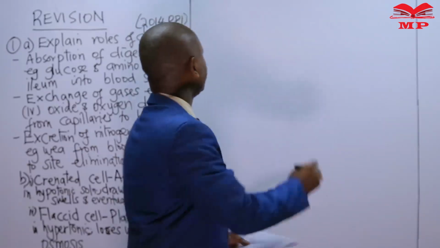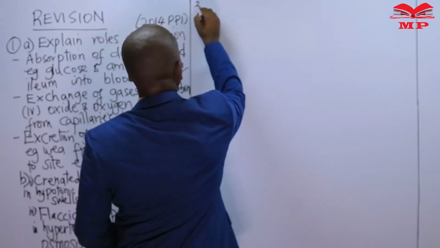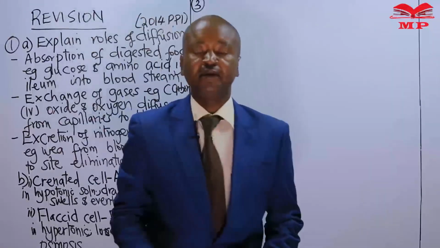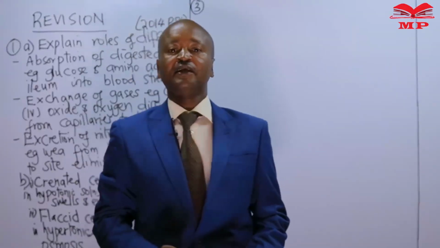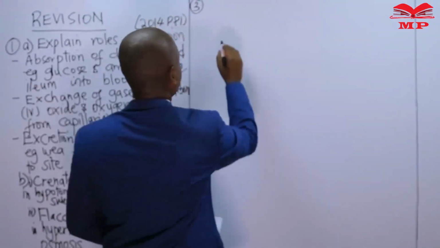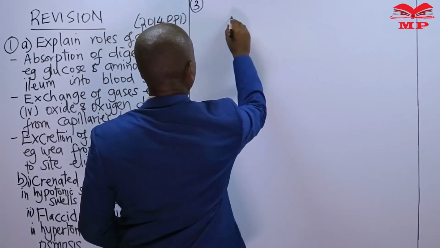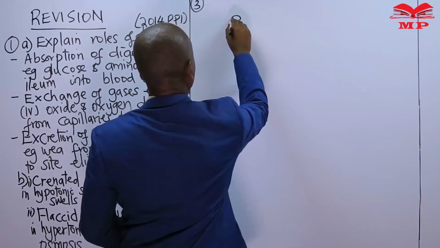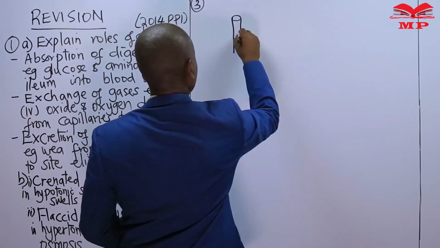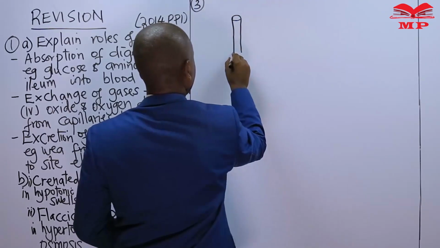So for our question 3, we have got a diagram at the beginning of an experiment and another diagram at the end of the experiment. It is a simple diagram where we have a thistle funnel, and it is just similar to another question that we had tackled in earlier lessons.